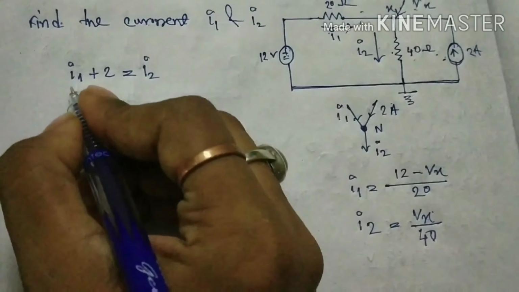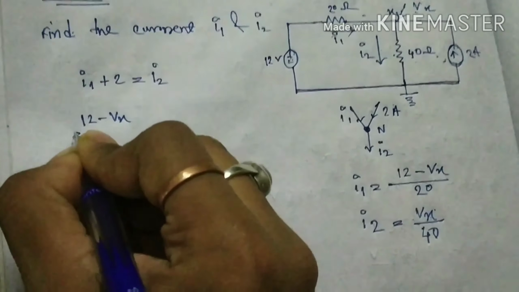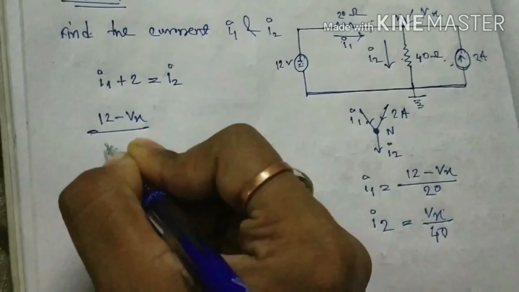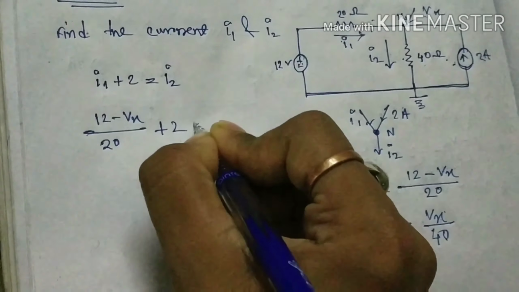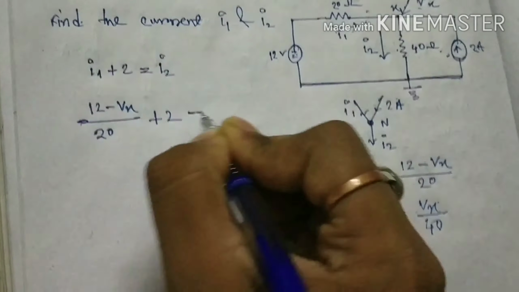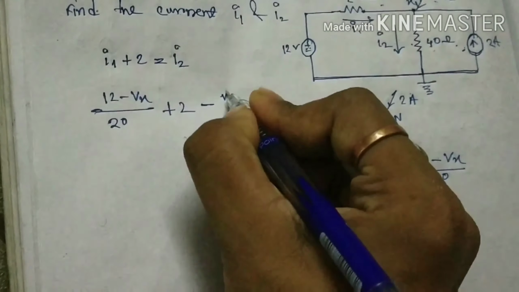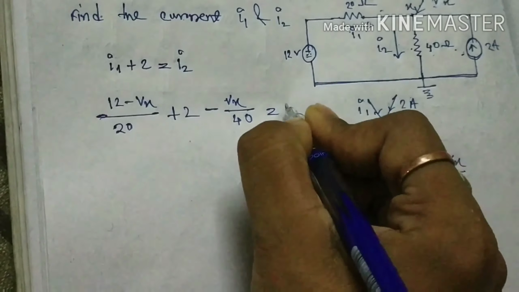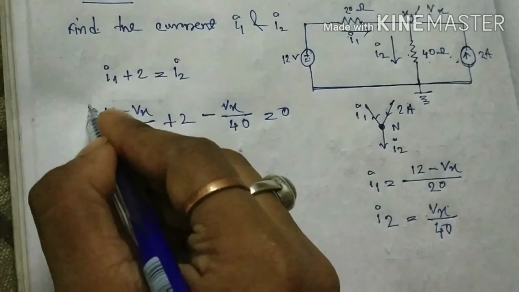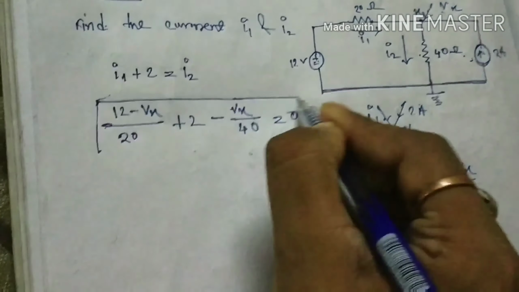So you can write here (12 minus Vx) by 20 ohm plus 2 minus I2, which means minus Vx by 40, will be 0. You can see this is the equation.